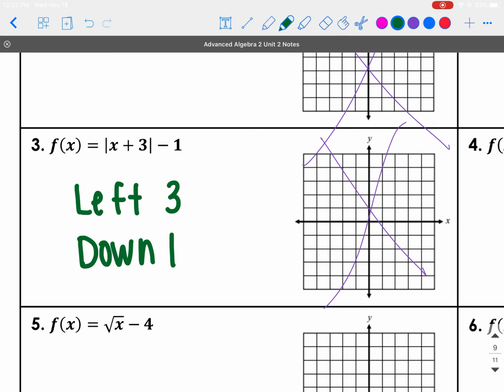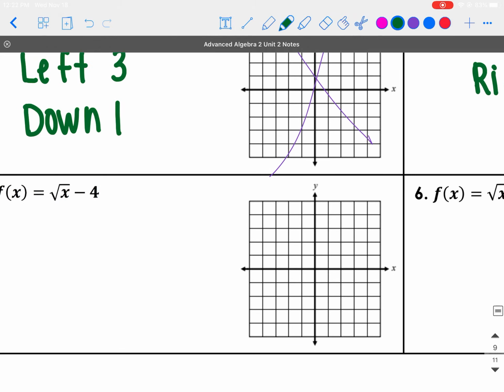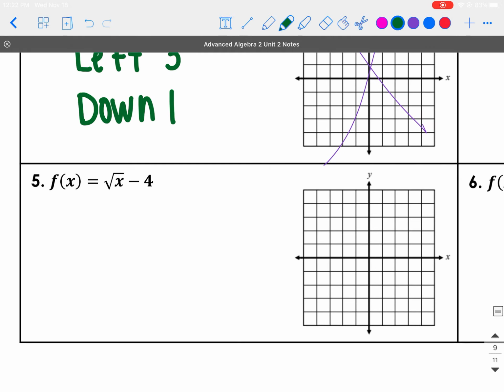Goodness, we had a lot of down 1s. Number 4, right 2. Number 5, this one's a little harder. Notice that -4 is on the outside, so it moves down 4.